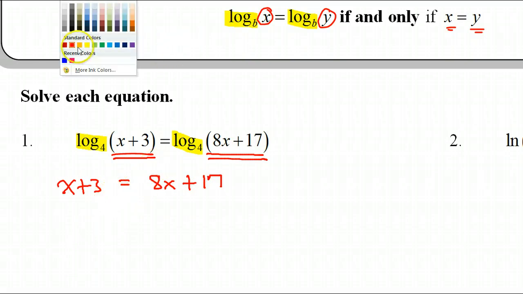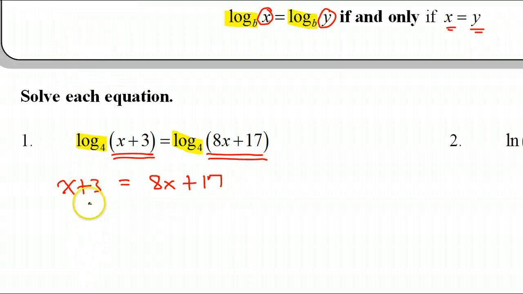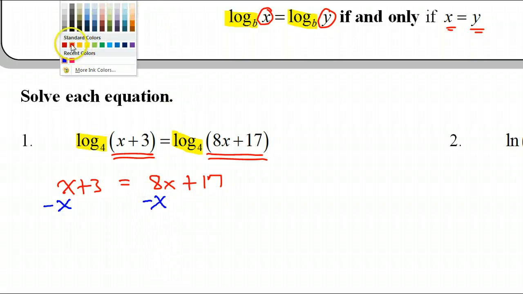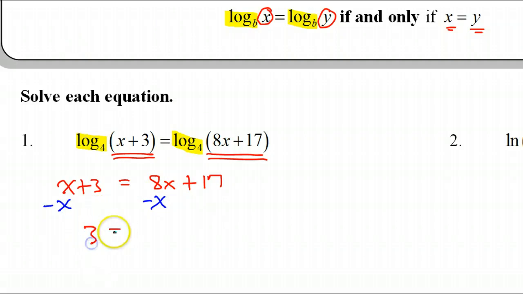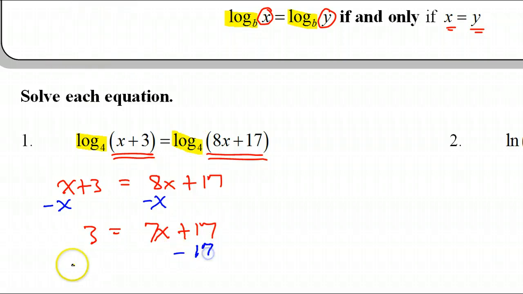So, let's see. We will subtract 3. No, sorry. We have x's on both sides. Let's get those together by subtracting x from both sides. So that's going to give me 3 is equal to 7x plus 17. Then I would subtract 17 from both sides.